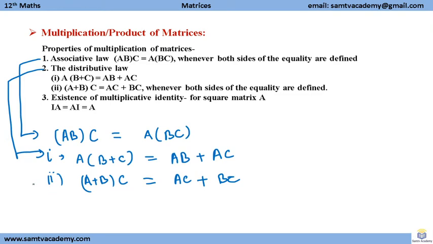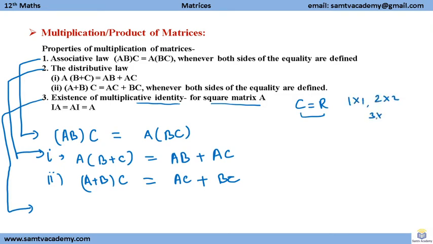So the third property is the existence of the multiplication identity. Existence of the multiplication identity is only possible for a square matrix. What is a square matrix? That should be of the same, meaning rows equal columns, like this: 1 by 1, 2 by 2, 3 by 3, 4 by 4.